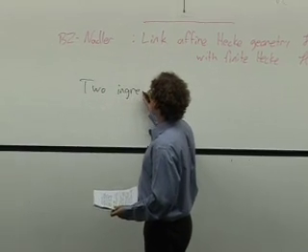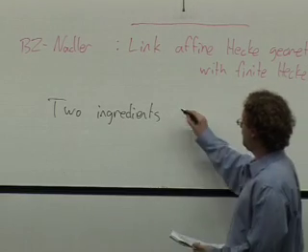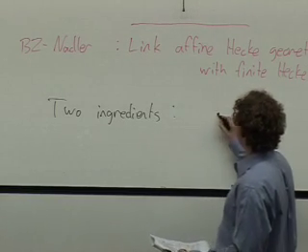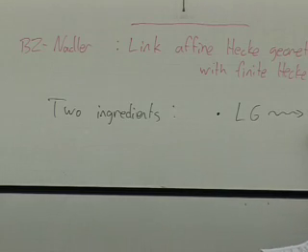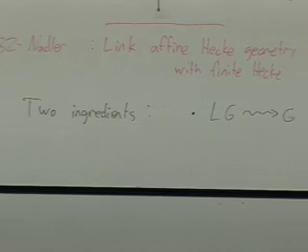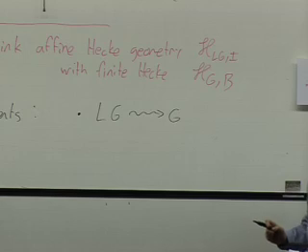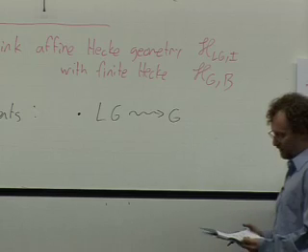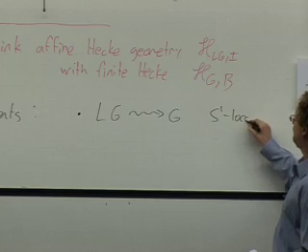There are two geometric ingredients that go into this story. One has to do with passage from the loop group to the group G. We need to go from the affine story to the finite story, and the way we want to do that is a version of S1 equivariant localization.